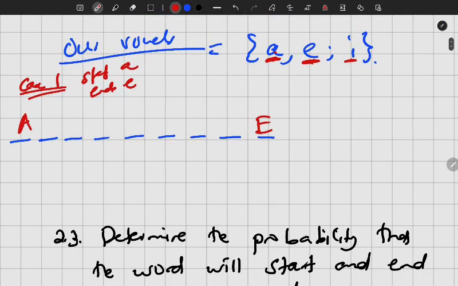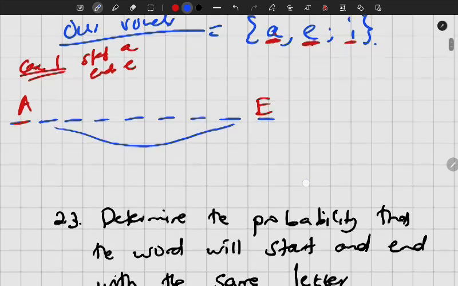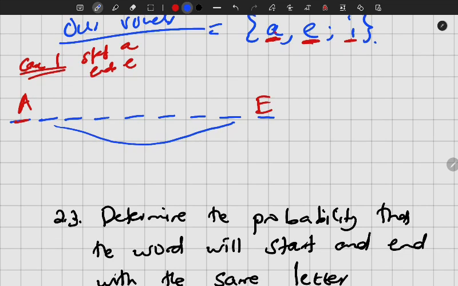So that is case 1, meaning now we have how many letters left? These are fixed. So A and E are fixed; you cannot move them. I'm not sure if I should split the cases first and then do the calculations later. Maybe I should do that.